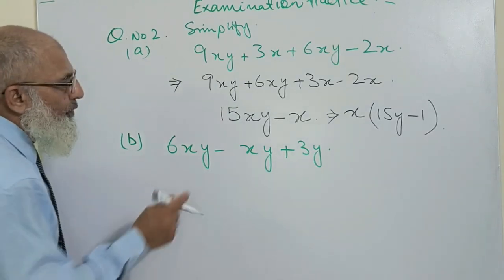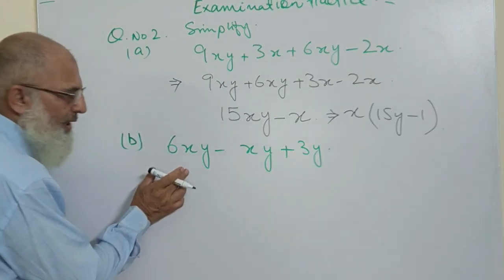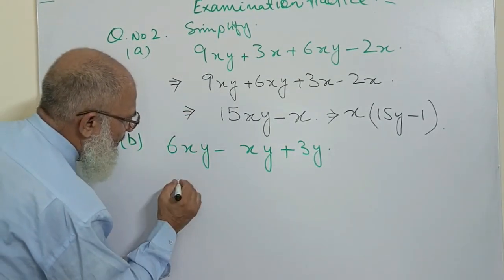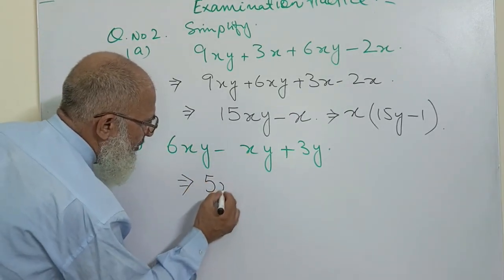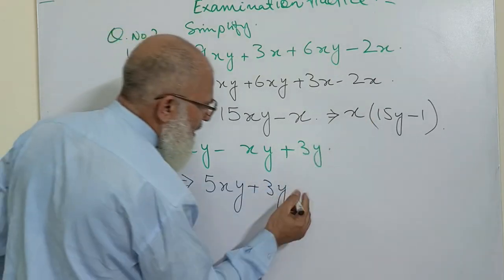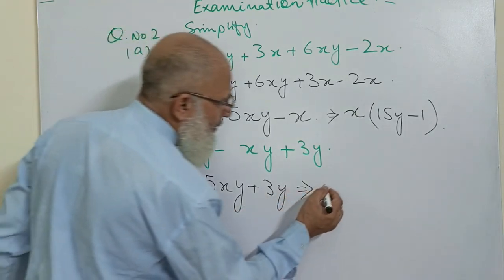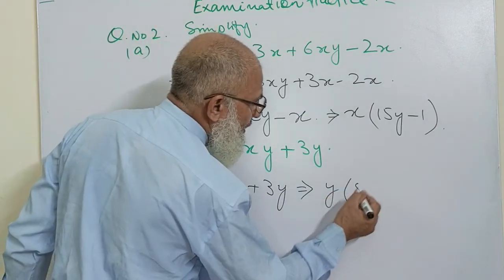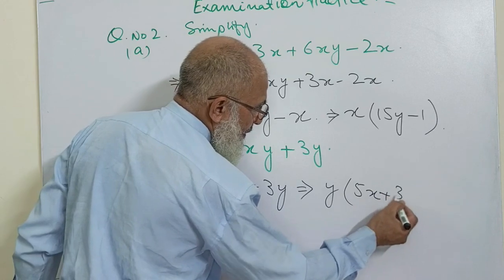So we just subtract 1xy from 6xy. It will become 6 minus 1, 5xy plus 3y. And again if you do it in this manner, you see that y is common and what is left is 5x plus 3.